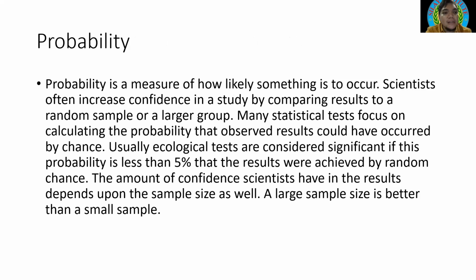For example, usually ecological tests are considered significant if the probability is less than 5% that the results were achieved by random chance. The amount of confidence scientists have in the results depends on the sample size as well.